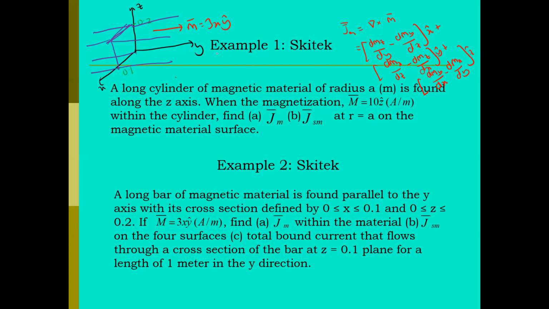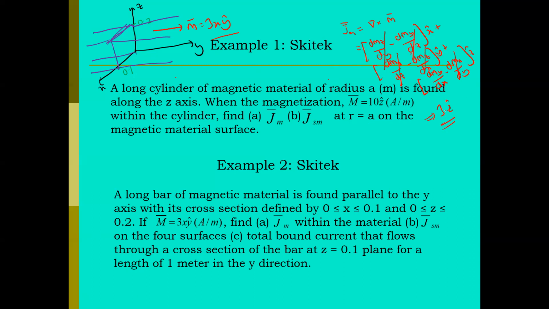Knowing that M is only in the y component, there should be no Mz and no Mx. There is no z variable, so dMy over dz gives us 0. And dMy over dx gives us 3, in the direction of z. So Jm is equal to 3 in the z direction.